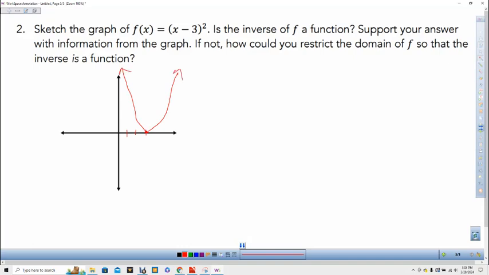So is the inverse of f a function? Well, remember, for the inverse of f to be a function, f has to pass not only the vertical line test, which this would pass, but it has to pass the horizontal line test as well.